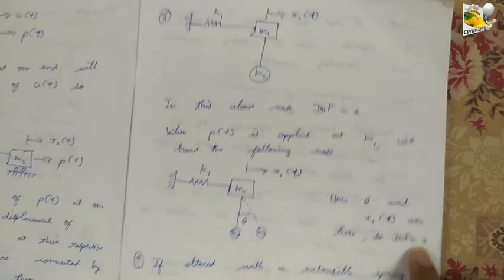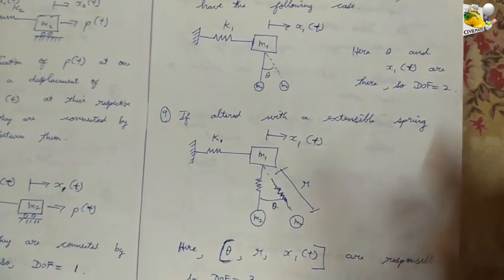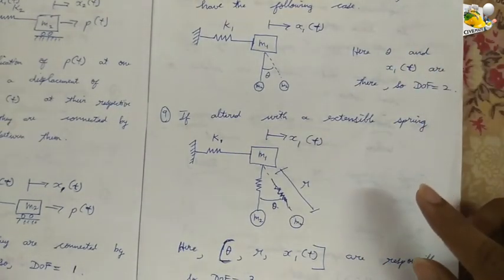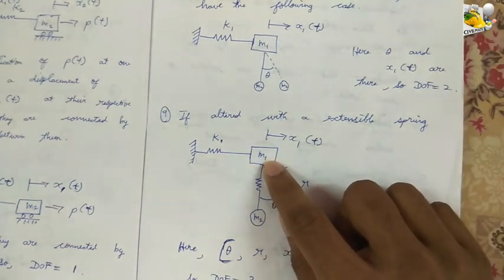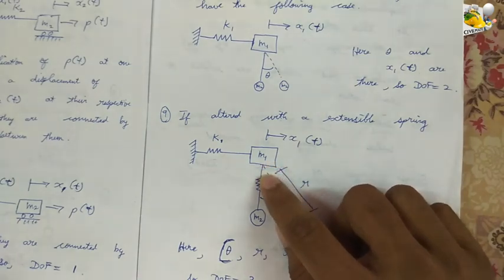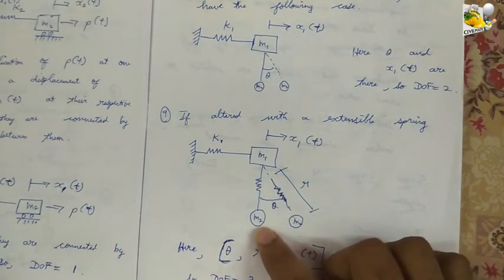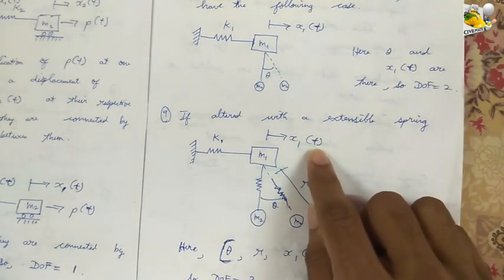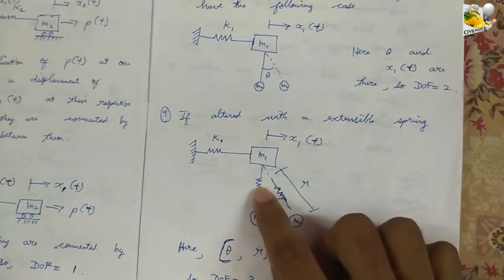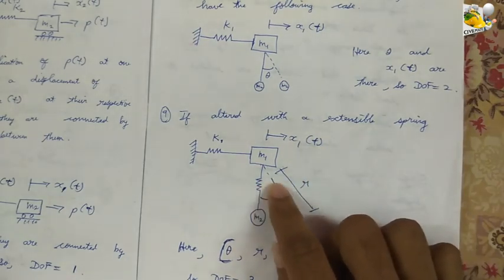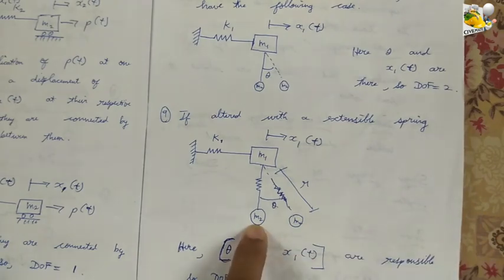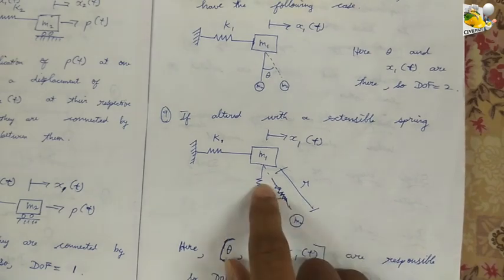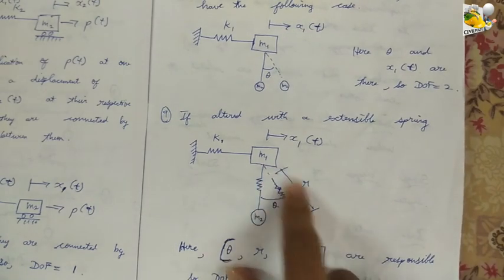Moving on to case 9, applying the same condition as what we have seen in the previous case with an alteration that the object of mass m1 has been connected by an extensible spring to the bob of mass m2, and depending upon the nature of loading, the spring can extend or compress, and due to oscillation the bob may move back and forth, which causes an angle of inclination theta, and extension and compression of the spring portion will take place.